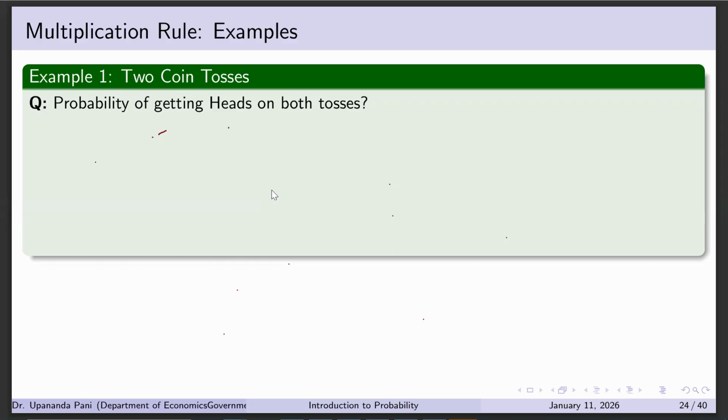Shivani? Yes, sir, I'm doing it. Okay, very good. Madhuswita, are you doing it? Yes, sir. Okay.